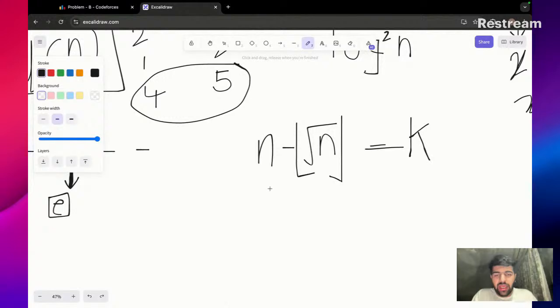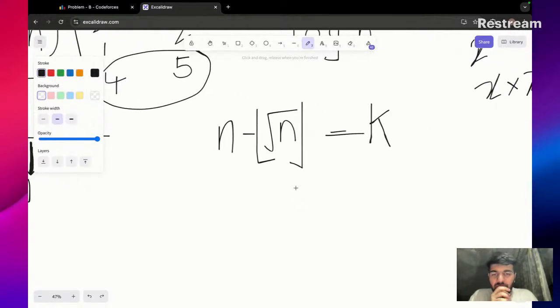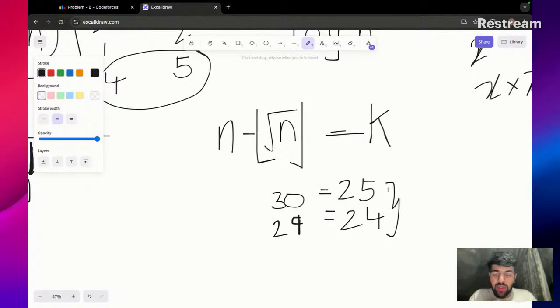If n is 9 and 8, then k will be 6 for both. But if n is a perfect square, like 30 and 29, it will give 30 as output. 25 and 24, 5 squares.